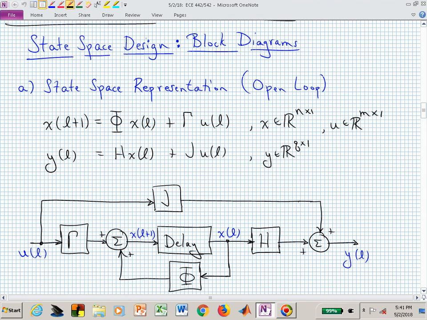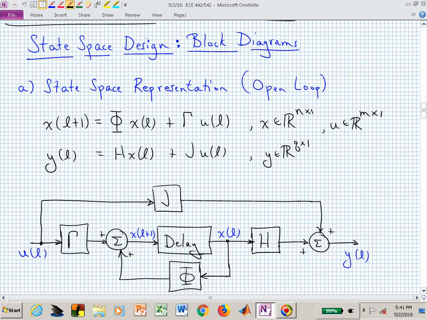State space design. We're going to go through some block diagrams now. And really I want you to just get comfortable with seeing the block diagrams, being able to translate those into equations. And obviously these will be available to you as notes, as always. But here is the state space representation. Again, this delay is a generic bank of delay blocks depending on the size of your state vector x.